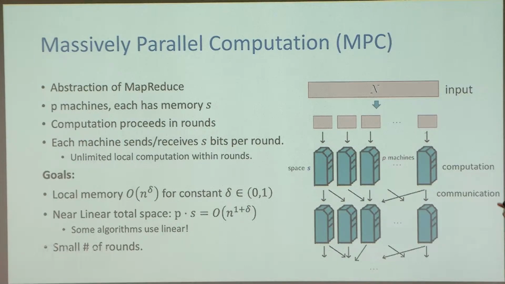That is to say, the number of machines times the memory per machine is near linear, n to the 1 plus some small constant. And most importantly, we want our algorithm to be efficient, which means we want the number of rounds to be as small as possible. Usually we desire better than log n rounds; we want o of log n rounds.